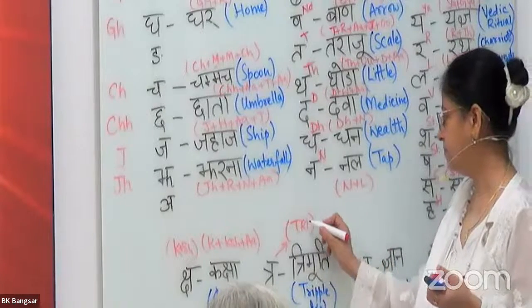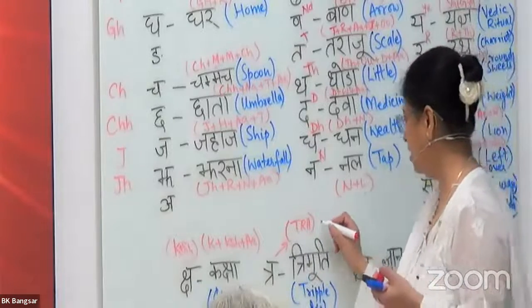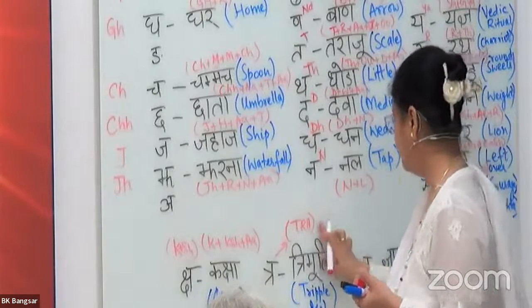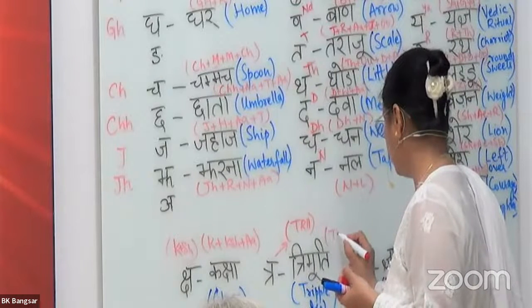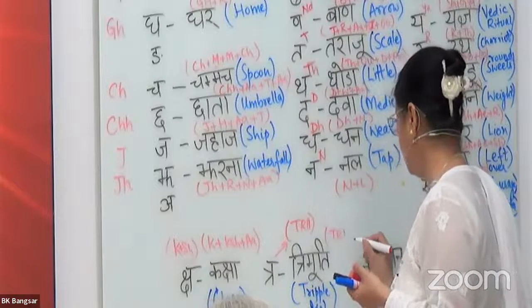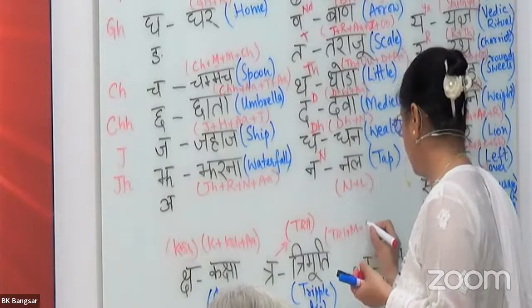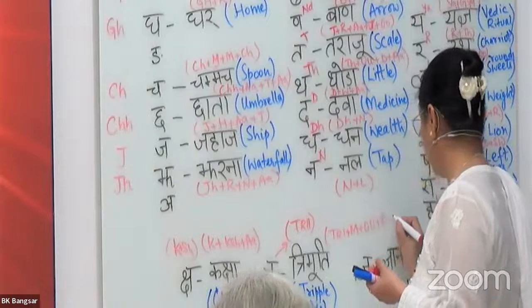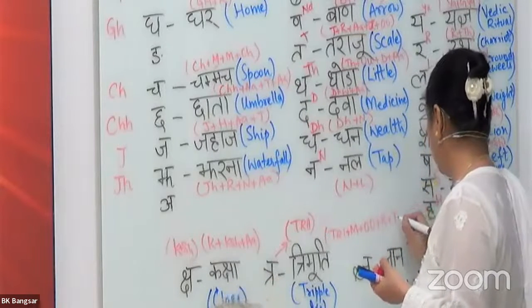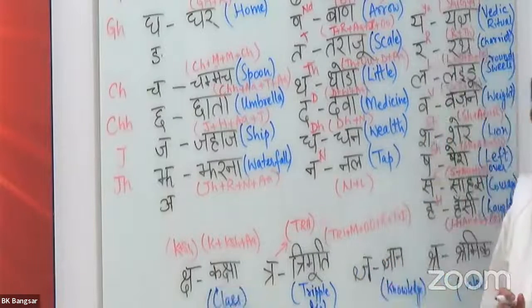Tra. So when it has I in the beginning, it will be Tri. Murti. Trimurti.